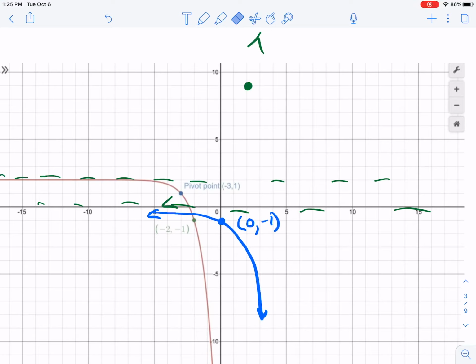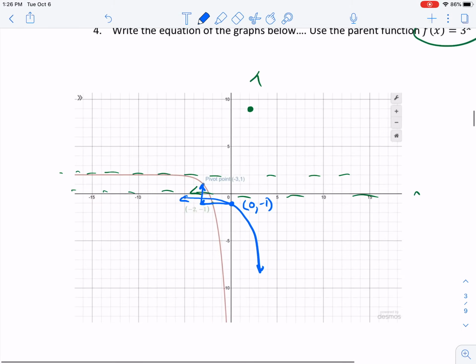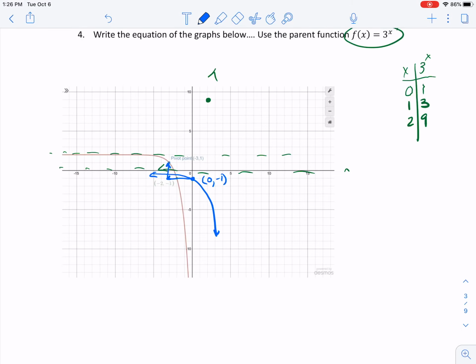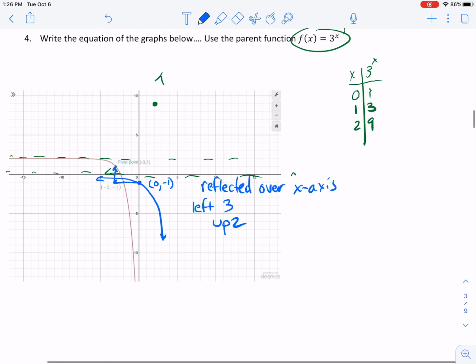So I have to go left 3, and then up 2 to get there. So we went left 3, up 2, after we reflected over the x-axis.